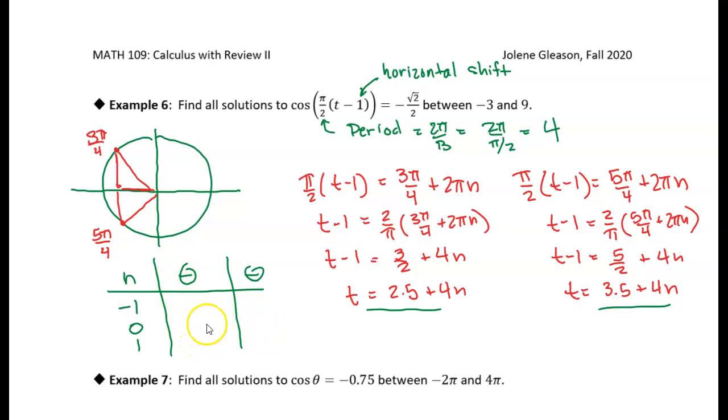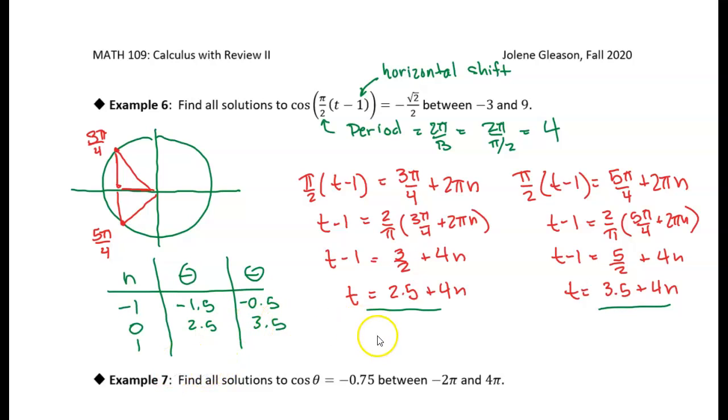The n equals 0 case is easy, because I'm just going to have values at 2.5 and 3.5. Now when n is equal to -1, I subtract 4 from 2.5, and I get -1.5. If I subtract 4 from 3.5, I get negative 0.5.